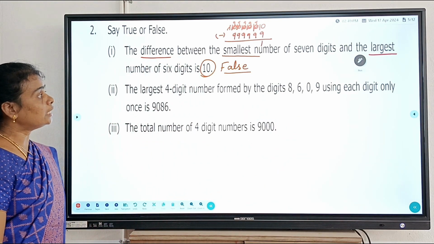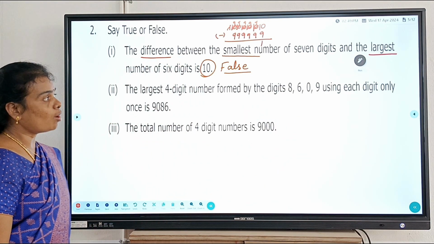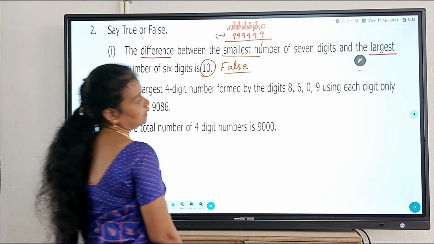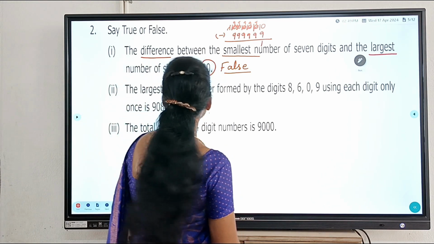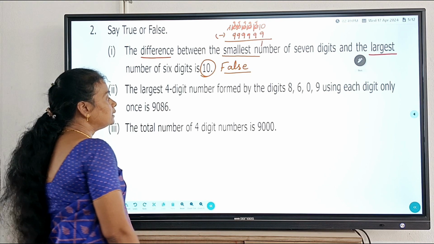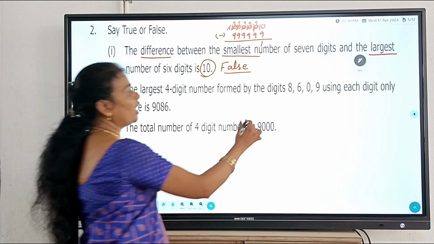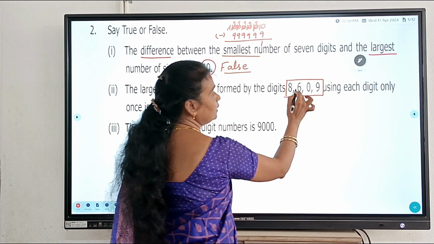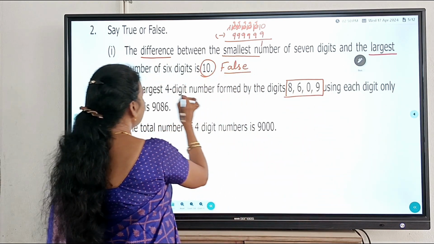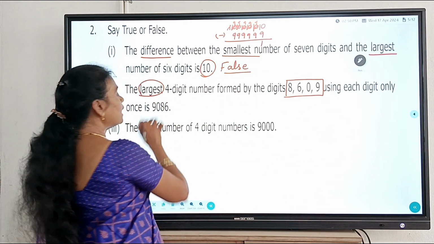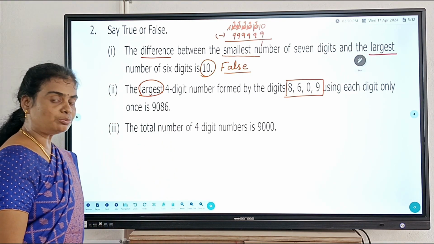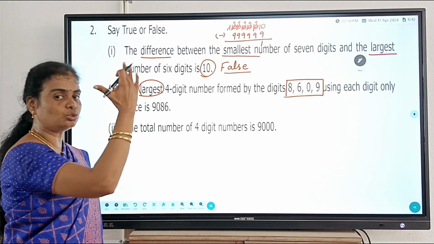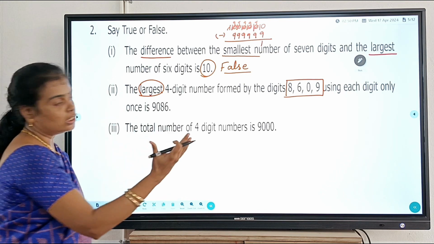Second one, the largest four-digit number formed by the digits 8, 6, 0, 9 using each digit only once is 9086. So you have to create a new number using these four digits, 8, 6, 0 and 9, and it is given as the largest number. Largest means you arrange from the largest to the smallest one, so bigger to the smaller one.